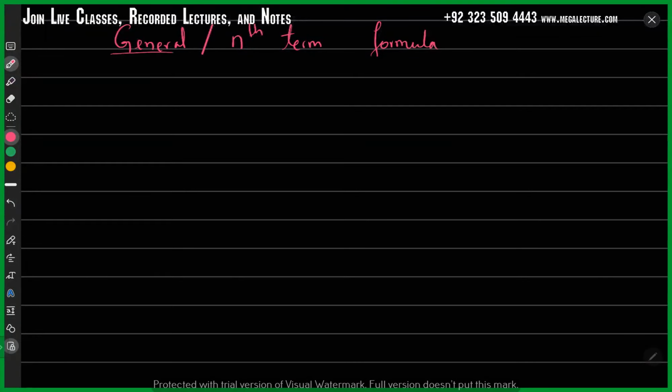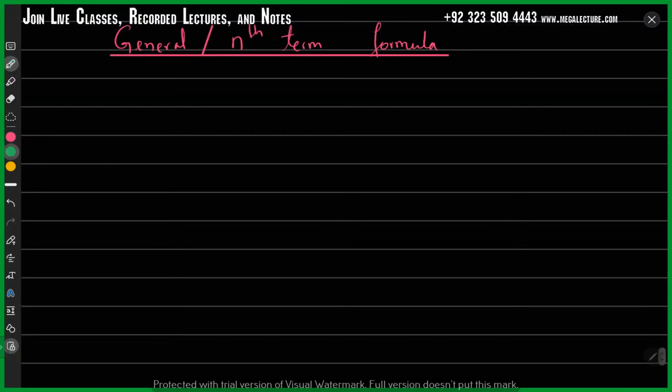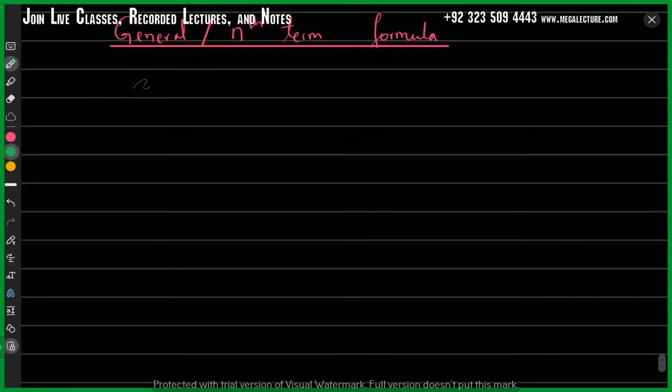So this is the next thing which we need to talk about. Let me write down the query first. Now the issue is, for example, I have a sequence 1, 3, 5, 7, 9, and so on.